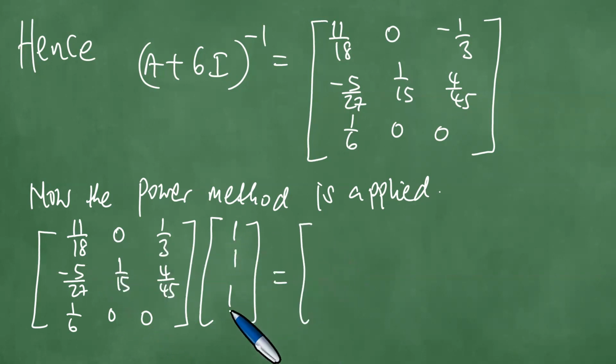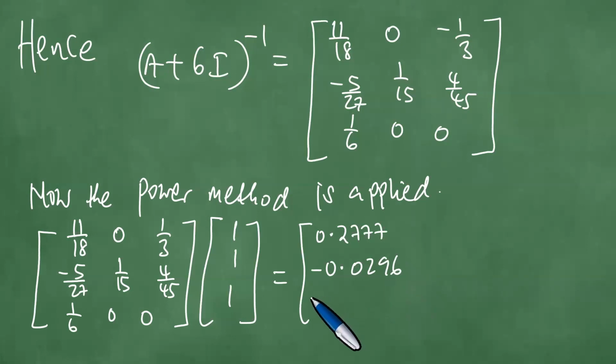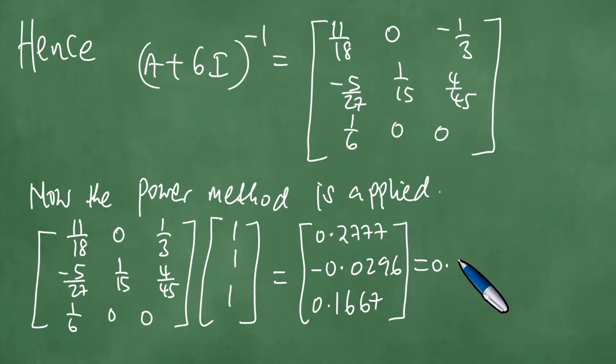If you multiply this row by column, row by column, row by column, you get 0.2777, minus 0.0296, 0.1667, 0.2777.